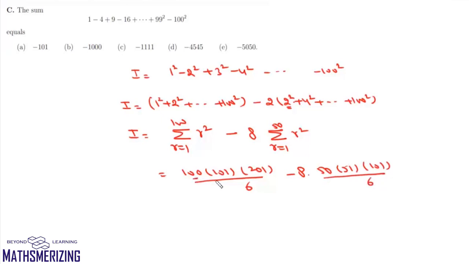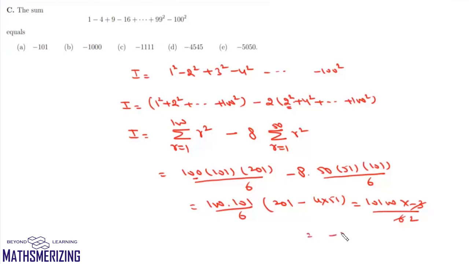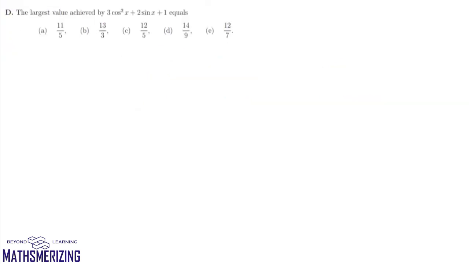Now we'll take 100 into 101 by 6 common. So it will be 100 into 101 divided by 6, and here we'll get 201 minus 4 into 51. So this value will be 10100 into minus 3 upon 6, and it will be minus 5050, which is your option number E.